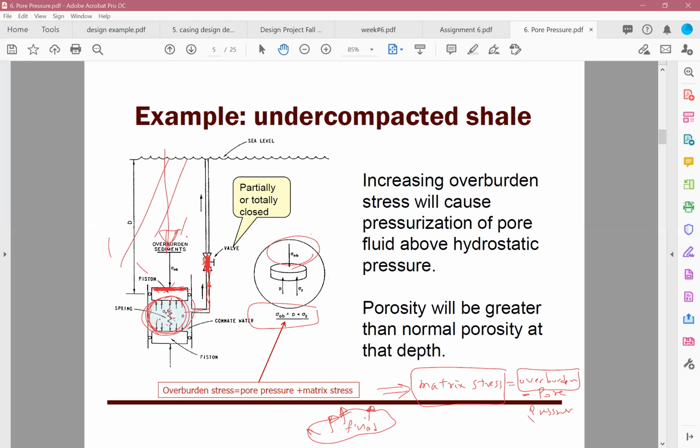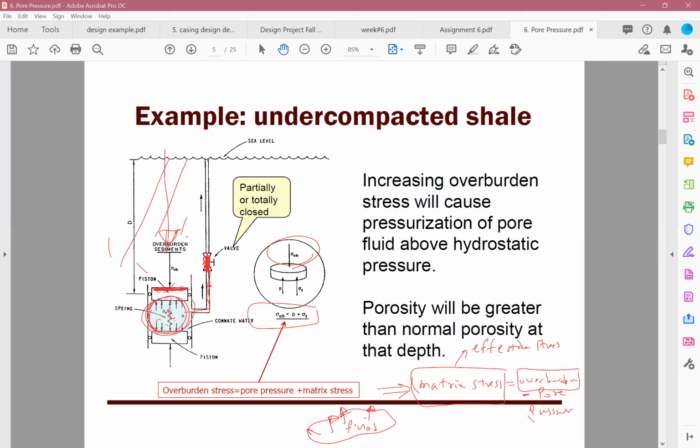So this is an effective stress, basically, right? That is due to two opposing forces acting on each other. One is the overburden stress due to the rock, and one is the pore pressure, which is due to the fluid, right? So these two opposing forces act on each other and basically define a matrix stress.